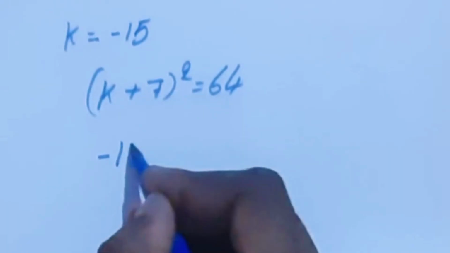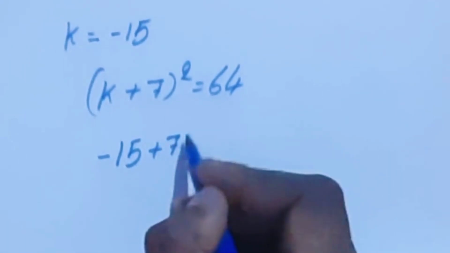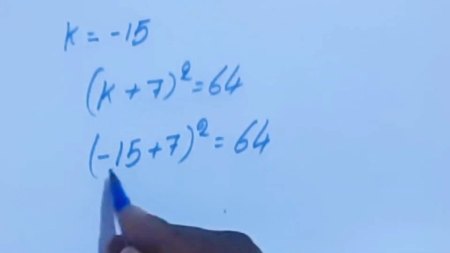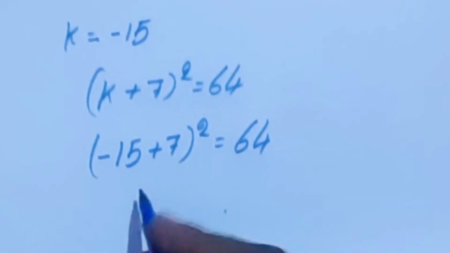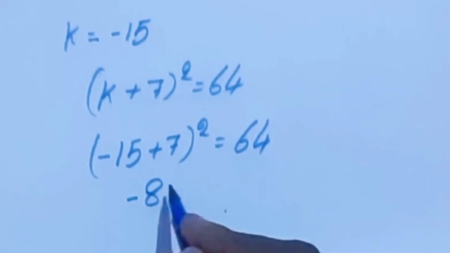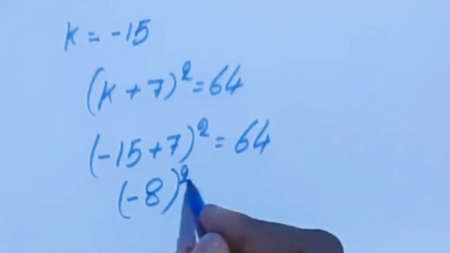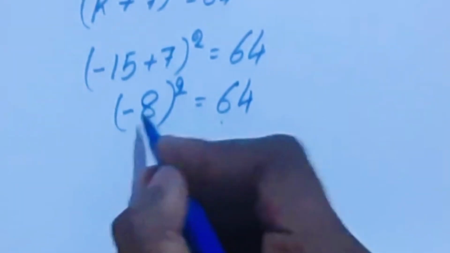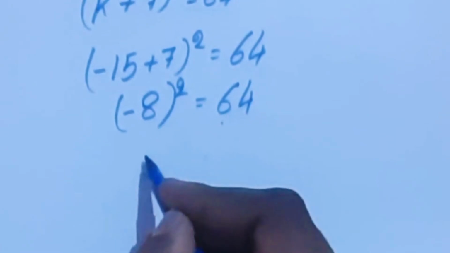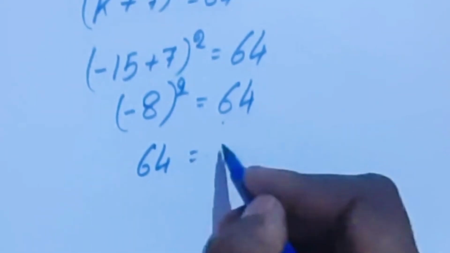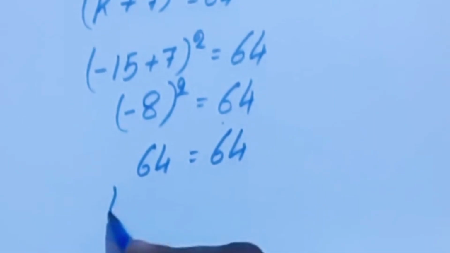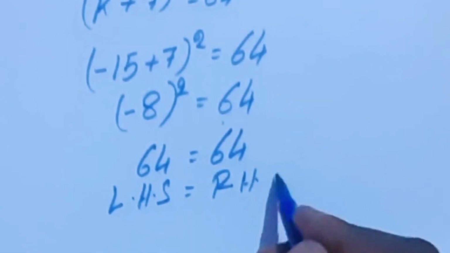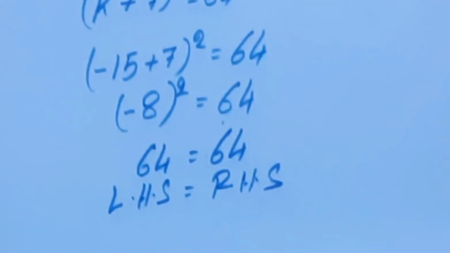Here -15 + 7 is -8, and (-8)^2 is 64, so 64 equals 64. So LHS equals RHS. Here also we have verified.